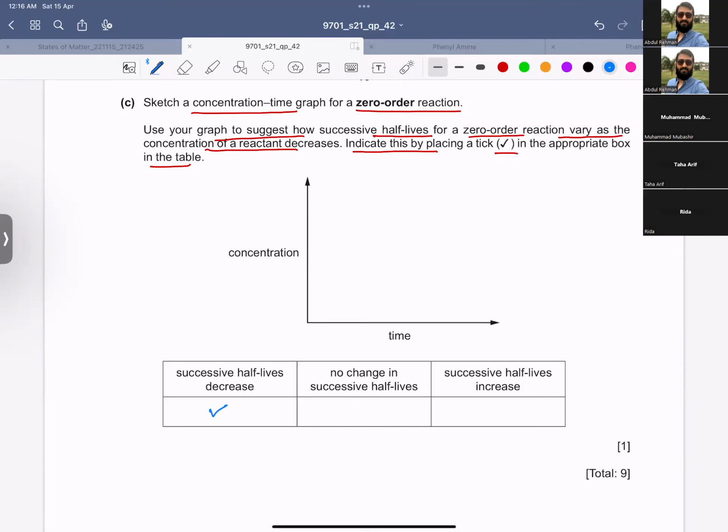And for the second order, the successive half-lives would increase. So here I would put a tick. And the other thing, in a zero order reaction, the concentration change is constant, that is, the concentration of the reactant is changing at the same rate without any effect. So the graph would be like this only.